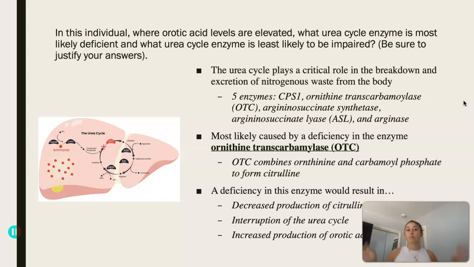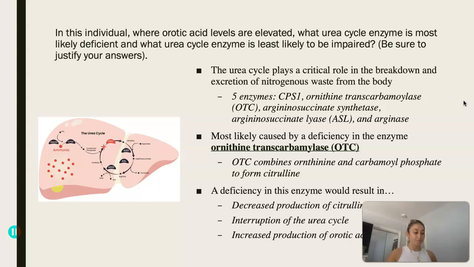So based off of what we think is the most likely deficient enzyme, to start off, the urea cycle is a main process that plays a critical role in the breakdown and excretion of nitrogenous waste from the body. And there are 5 enzymes that are included in the process as seen on the picture on the left. These enzymes are CPS1, OTC, AS, ASL, and arginase.